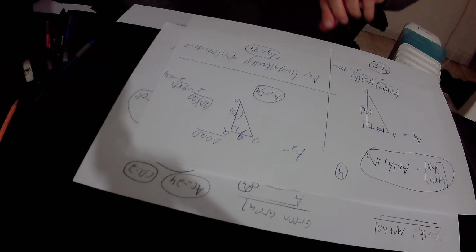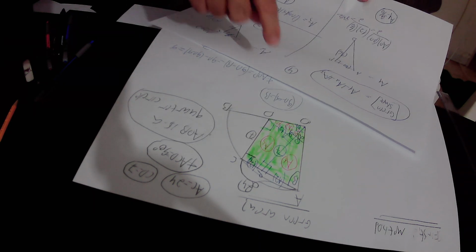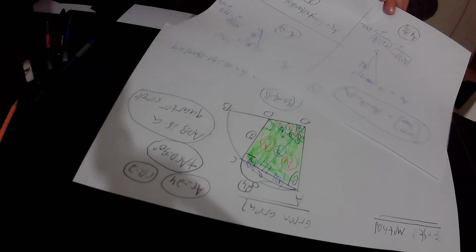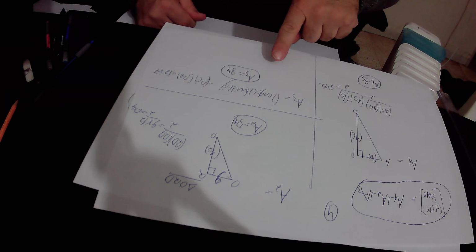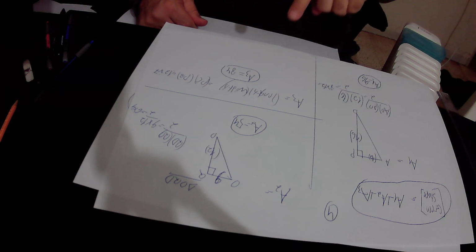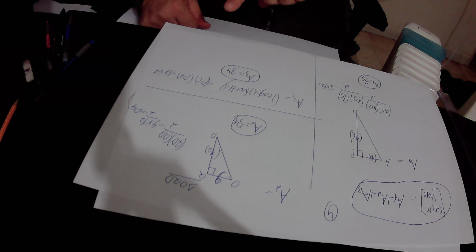Then we found the value of A3. A3 is the area of rectangle PCDQ. The area of any rectangle equals the length times the width. The length is 12 and the width is 7, therefore the area of the rectangle is 12 times 7, that is 84. So A3 is 84 square units.